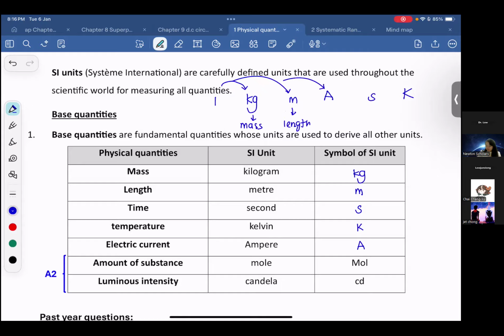Ampere is the unit for current. 1 second. Second is the unit for time. 1 Kelvin. Kelvin is the unit for temperature. So dear, finish. Finish story. 1 kg mass. So the 5 base quantities are already in our brain. Settle. This one is very important. You have to know these 5 base quantities. Okay, until here, is that clear?